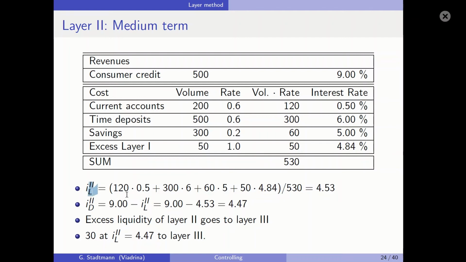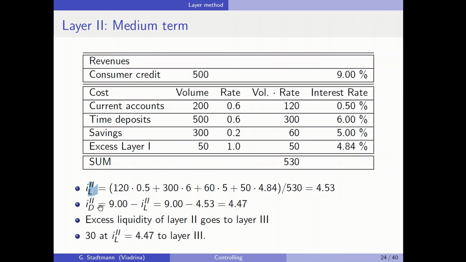So once more, 120 times 0.5, 300 times 6%, 60 times 5, 50 times 4.84%, and then we sum up and divide by 530. So we get the weighted average interest rate of the liabilities for the second layer.